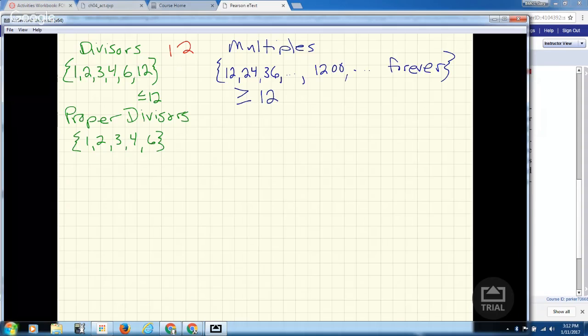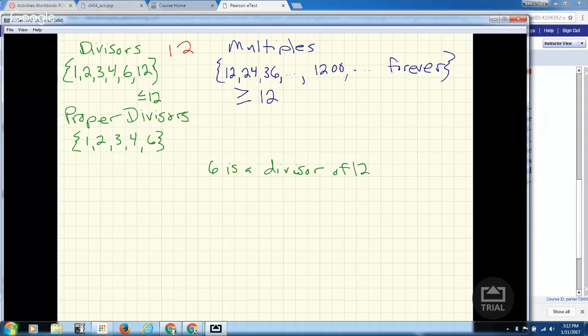All right, so divisors versus multiples. And there's that relationship that goes back and forth. Let's say 6 is a divisor of 12, and 12 is a multiple of 6. So we can kind of put things in opposite directions there. Right, so 6 is a divisor of 12.